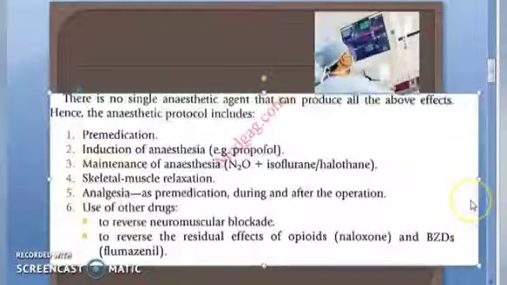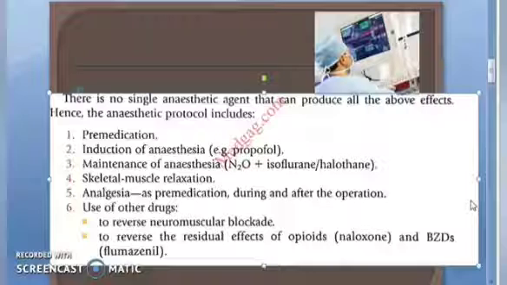When do they use general anesthesia? Before doing surgery. You know, no? Good. No single anesthetic agent can produce all the effects. So, anesthesia protocol includes pre-anesthetic medication, induction of anesthesia, maintenance of the anesthesia, muscle relaxation, analgesia to reduce the pain, and other uses, okay?